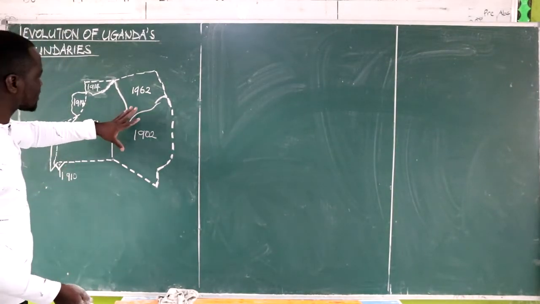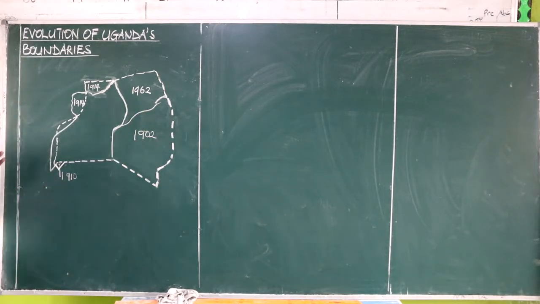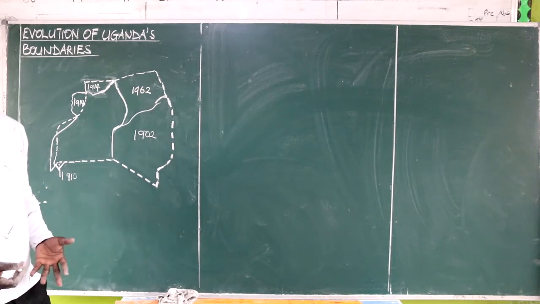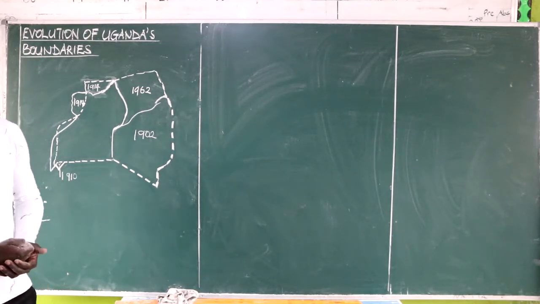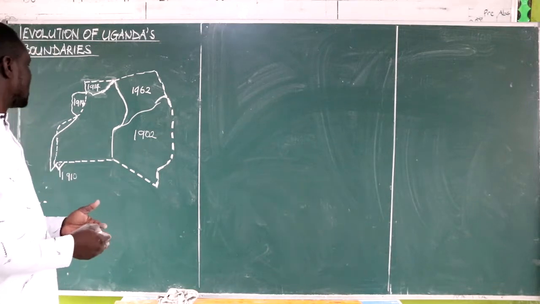Now, I have used two lines. I have the dotted line, which helps us to note Uganda before the creation of the boundaries, or before the fixing of the boundaries. And then there is a smooth line which shows after the fixing of Uganda's boundaries.